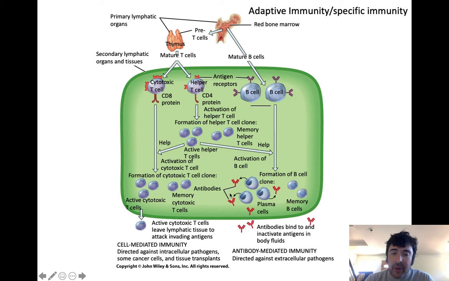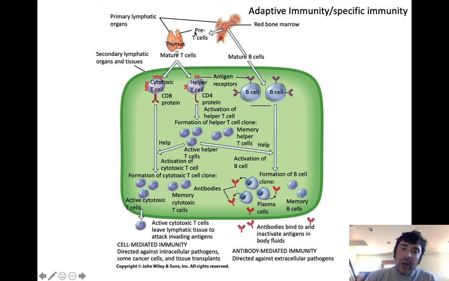And remember, antibodies are those proteins that float around in your blood that can, for example, tag cells for destruction or bind to viruses or toxins, deactivating them directly, or they can cause agglutination and they can clump together immunological threats. So this is called antibody-mediated immunity, and it's directed against pathogens that are floating around outside of the cell, right? So things like bacterial particles or viral particles.